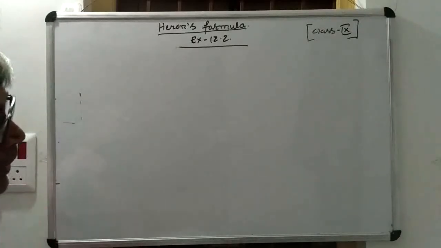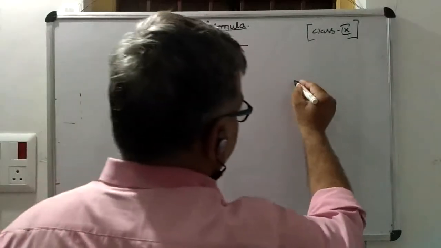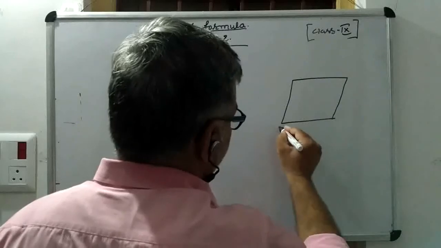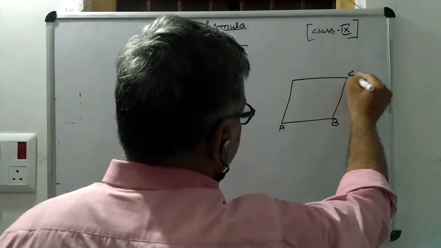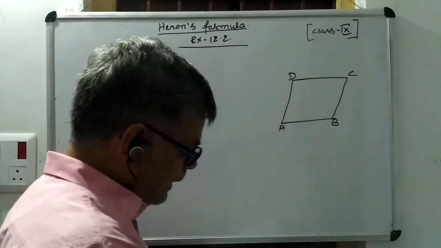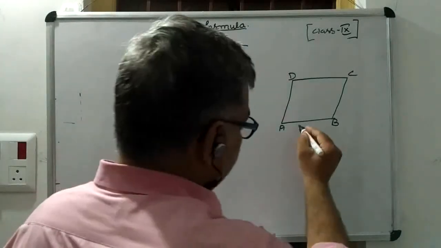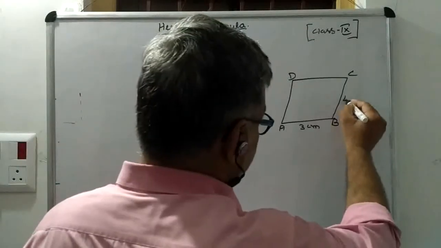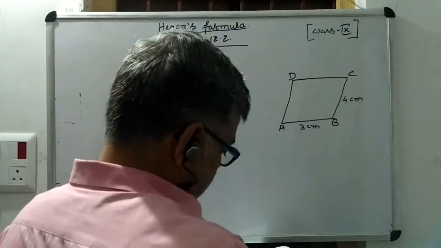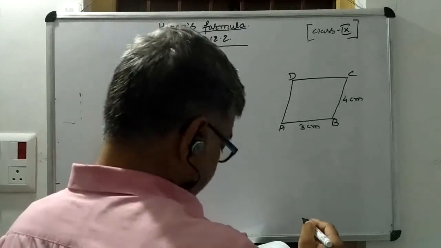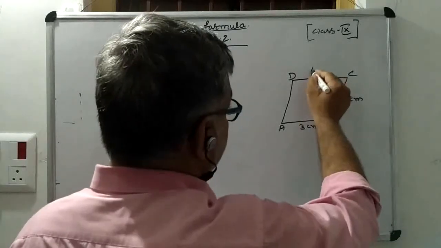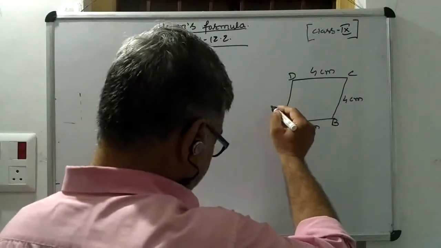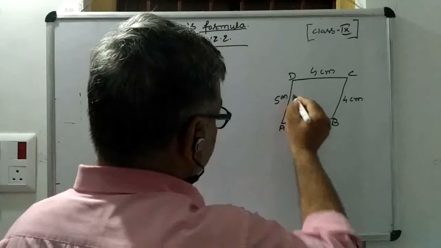In this quadrilateral, all sides are given. Suppose this is your quadrilateral A, B, C, D. And what are the dimensions? AB equals 3 centimeter, BC equals 4 centimeter, CD equals 4 centimeter, and DA equals 5 centimeter.